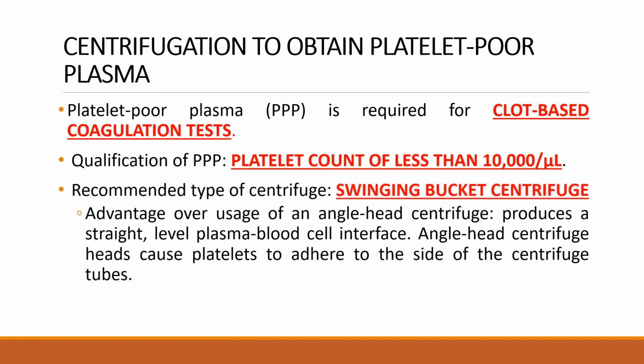The type of centrifuge that is recommended for the sample is the swinging bucket centrifuge. The advantage of this centrifuge over the angle head is that the swinging bucket centrifuge produces a straight-level plasma-blood cell interface, because the angle head centrifuge would cause the platelets to adhere to the side of the centrifuge tube.